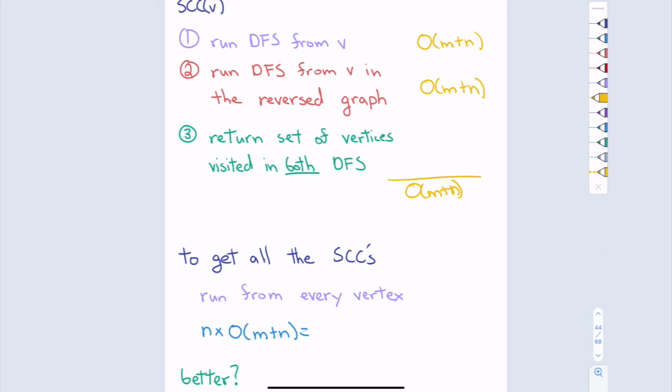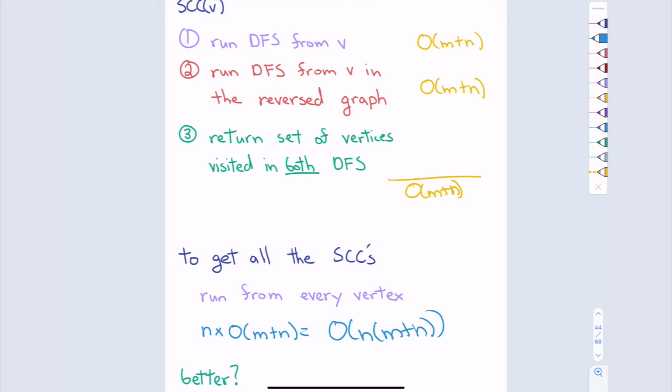I guess maybe the most natural idea is to, for one vertex at a time, identify its strongly connected component. And so I'll pay n times m plus n, and I'll get this quadratic running time. M is probably bigger than n. All right, so that's reasonable.